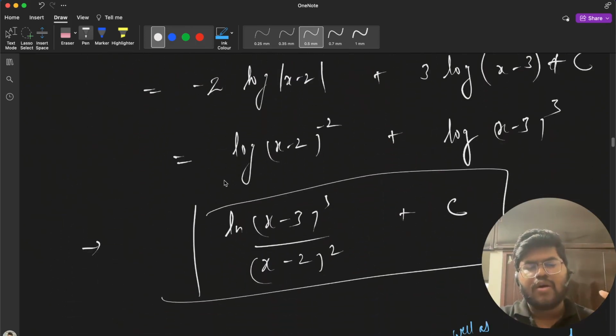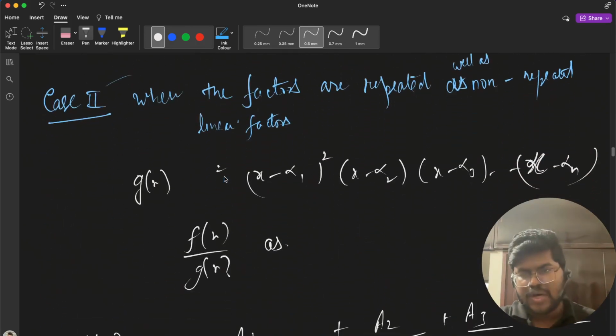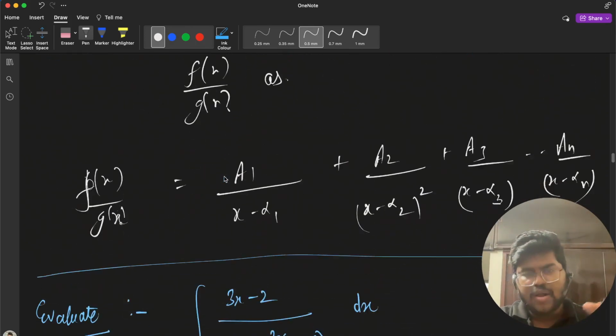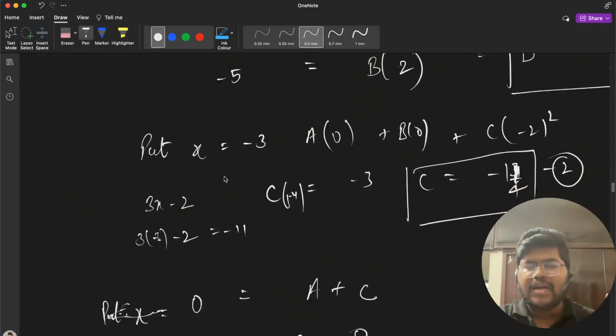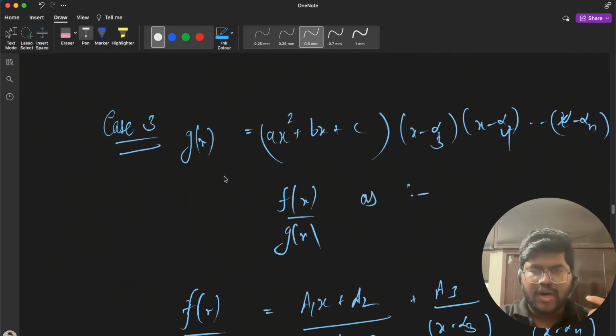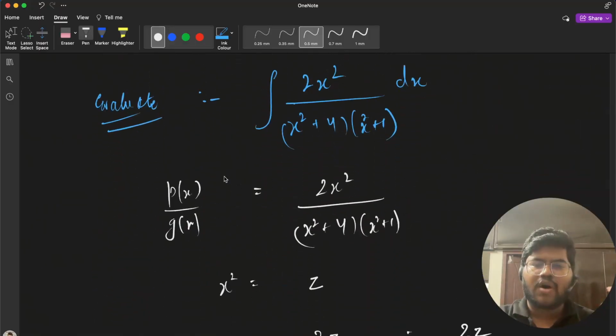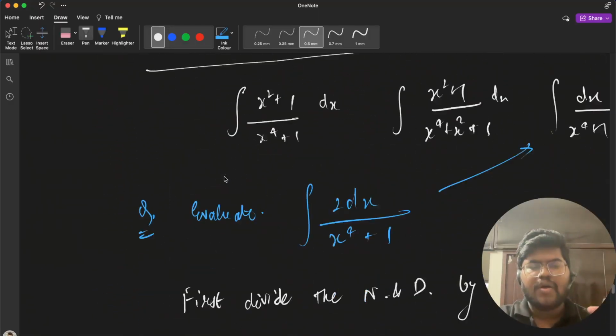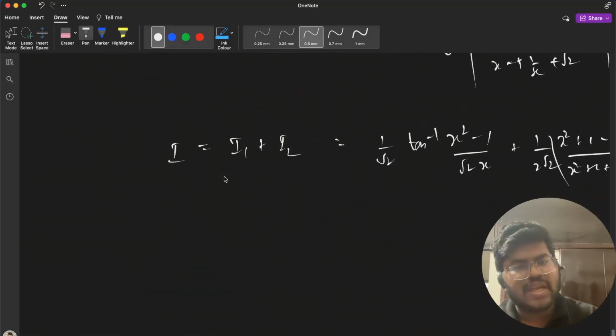Case 2 is repeated linear factors, as well as non-repeated ones. Case 3 is the quadratic form, and case 4 is non-repeated and repeated quadratic forms. And now we have the even powers of x. So in total we have seen 6 cases.